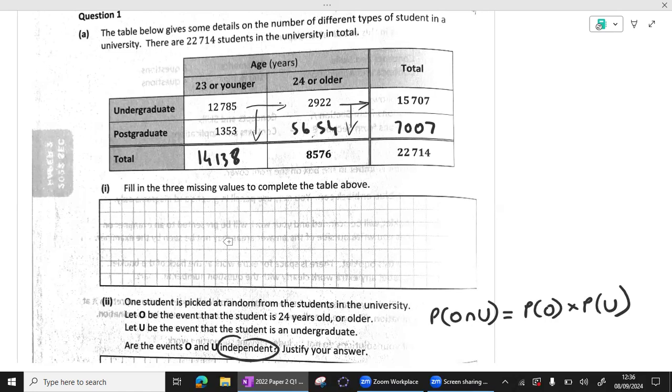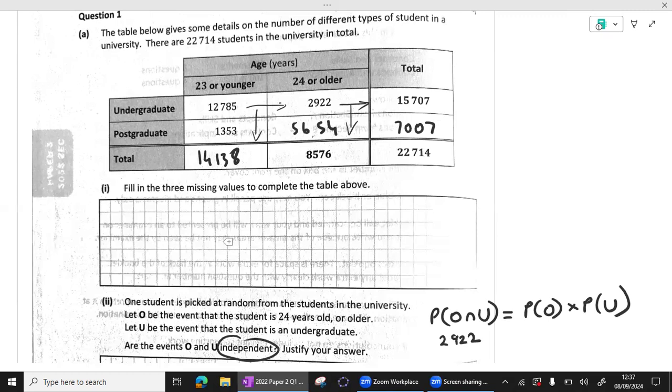Okay, so O intersection U. So we're basically looking for students who are both 24 years old or older and undergraduate. So there's 2,922 students that are both, because intersection is going to have to be both, both 24 years old or older and undergraduate students.